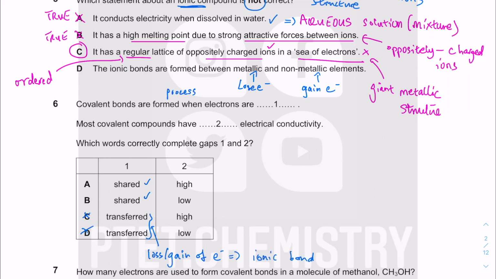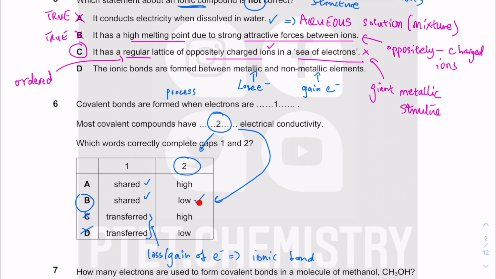So most covalent compounds have very low electrical conductivity. So there's two there, so make sure you read the question carefully, because they don't have free electrons or free ions to conduct electricity, except for graphite.